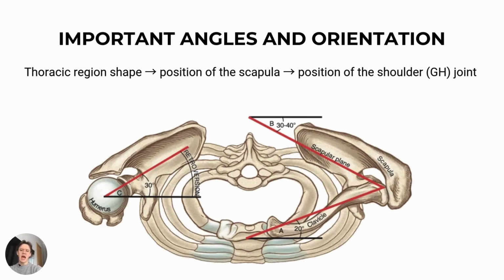The so-called scapular plane, between the chest and scapula, is oriented approximately 30 to 40 degrees anterior to the frontal plane of the body, and the retroversion angle of the humerus that we have already discussed is shown at about 30 degrees relative to the transverse axis. This happens due to the orientation of the scapula itself. And these angles are crucial for understanding normal shoulder biomechanics and movement patterns we will see later on.